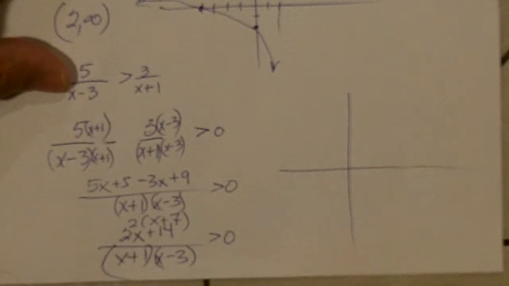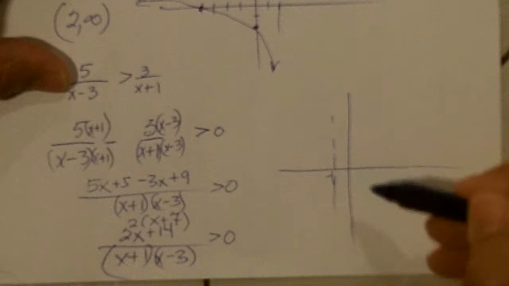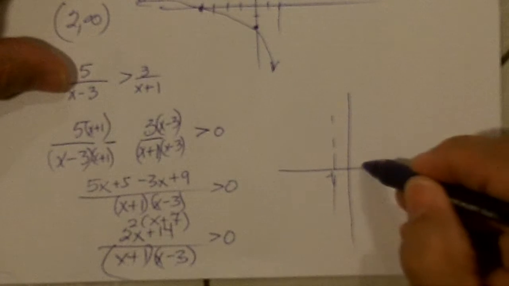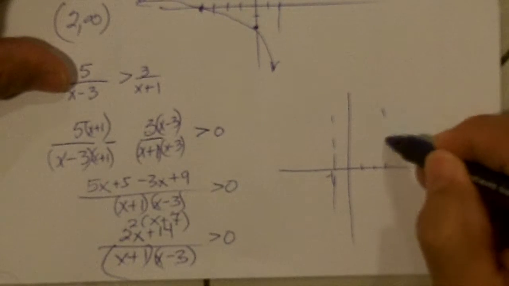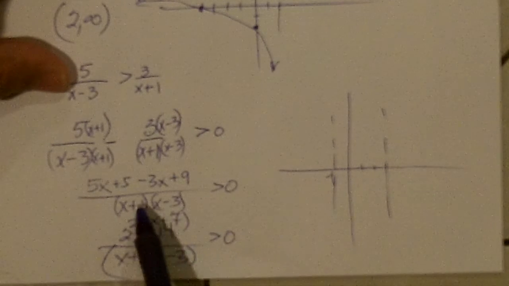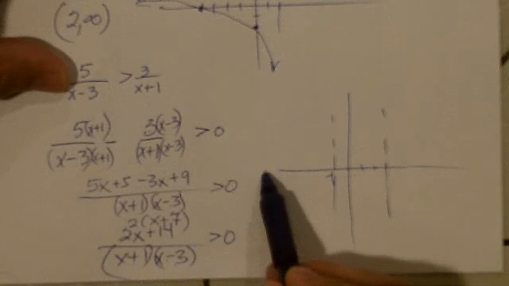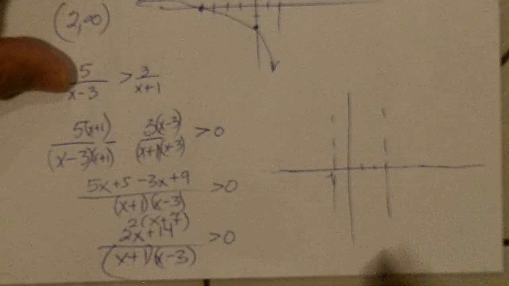So, going to the graph, none of these are like factors here, so we have a vertical asymptote at minus 1 and a vertical asymptote at plus 3. The degree of the numerator is 1 and the degree of the denominator is 2, so this is going to have a horizontal asymptote at 0, y equals 0.